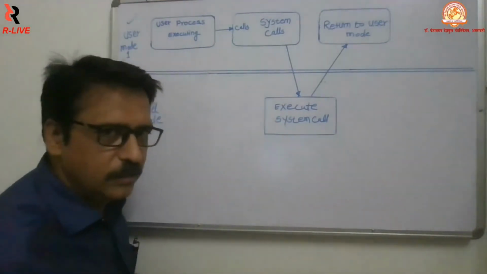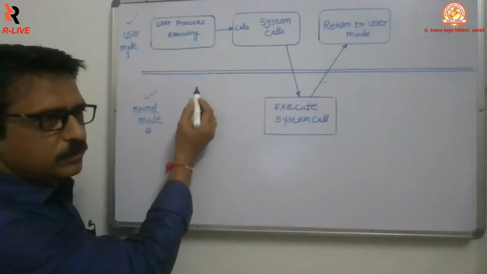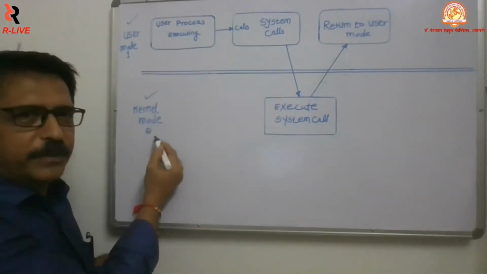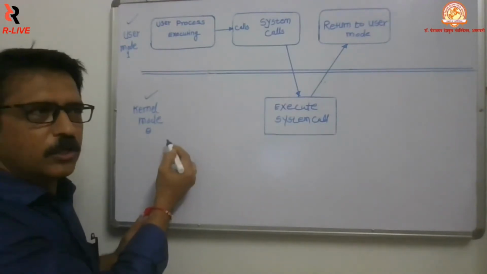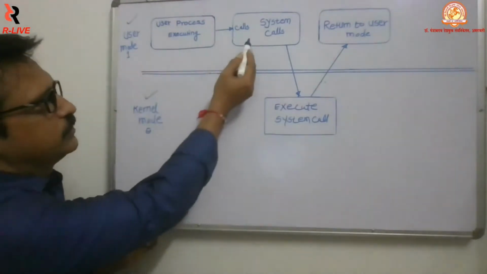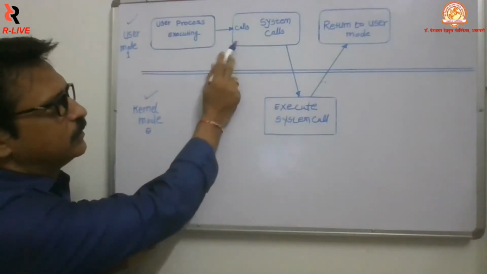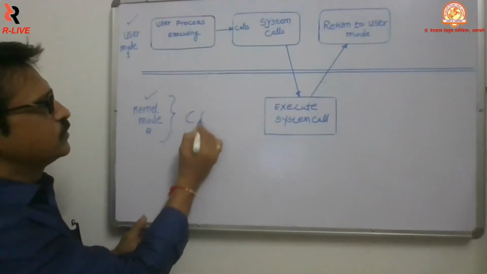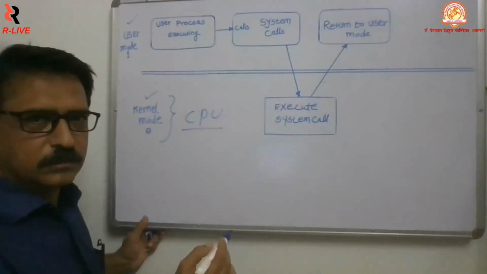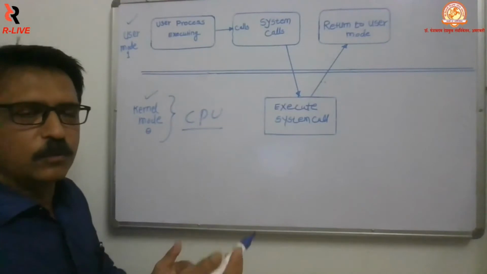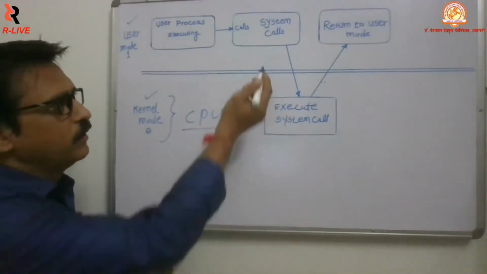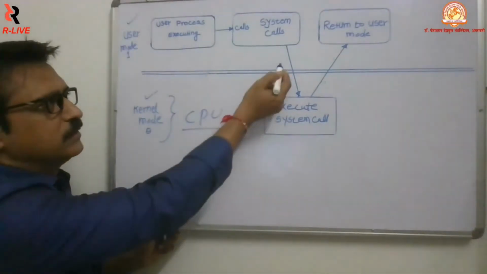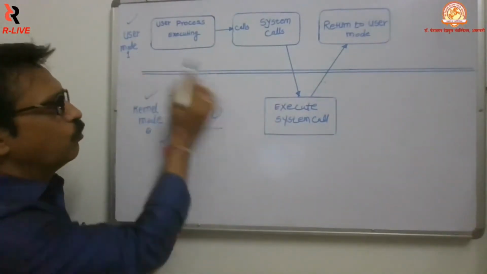Now remember here, in user mode the bit is set to 1, and in kernel mode the bit is set to 0. These modes are modes of the CPU. So whenever the CPU changes its mode from user mode to kernel mode, the bit must change from 1 to 0.